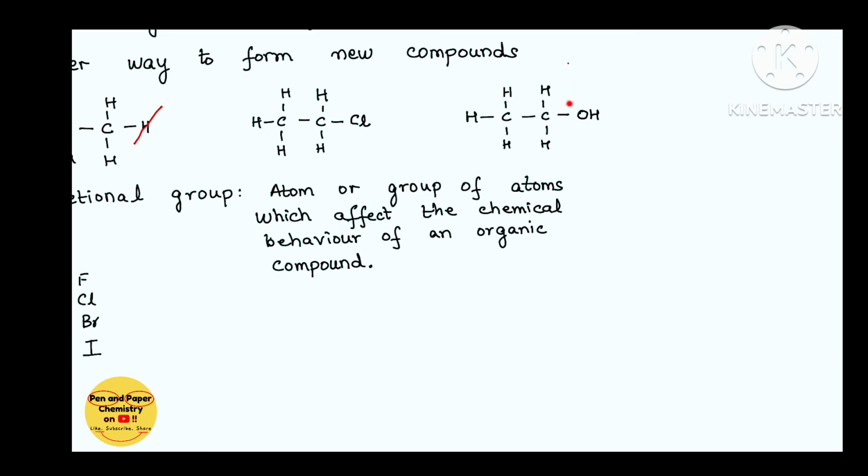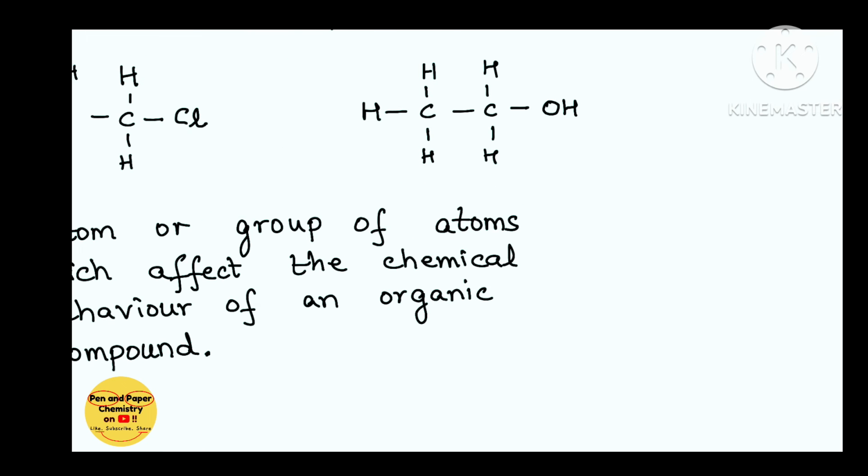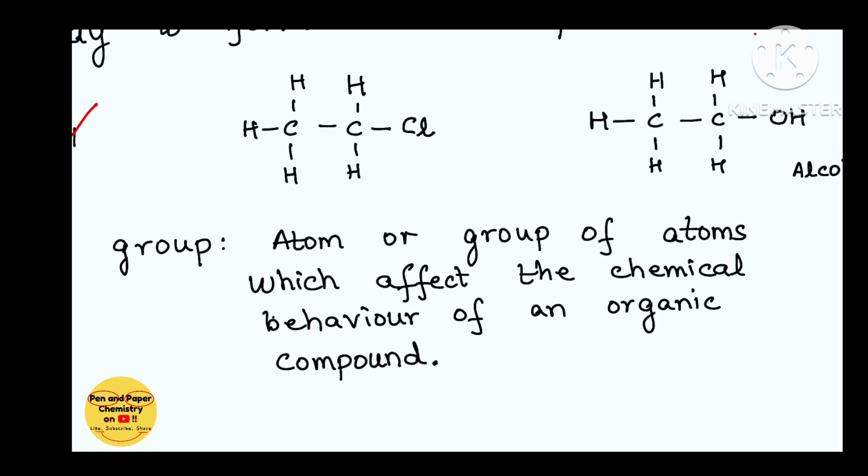So now when the hydrogen becomes replaced by OH, this compound becomes what we call an alcohol. When it is the halogen replacing a hydrogen, it becomes a halogen derivative, or more exactly, halogenoalkane.